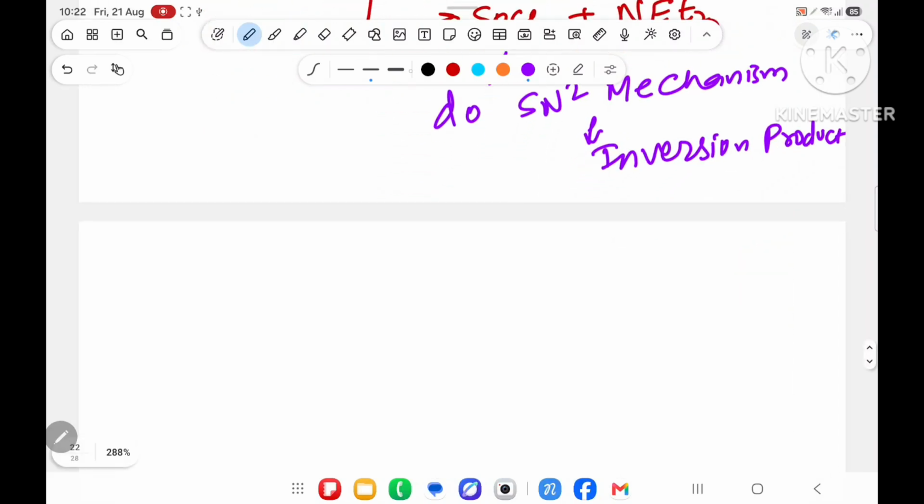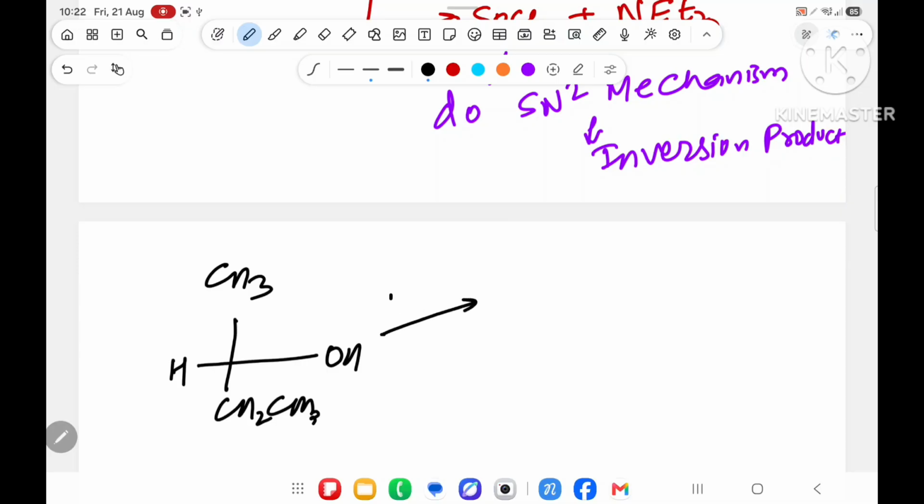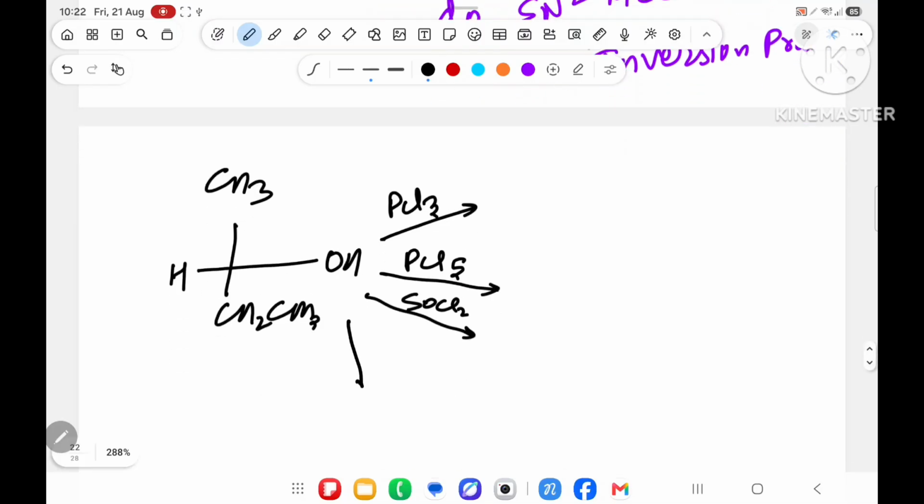Suppose I have written one example over here to make the topic clear. CH3, CH2, CH3 with HOH. I am reacting with PCl3. I am reacting with PCl5. I am reacting with SOCl2. I am reacting with SOCl2 plus pyridine. Now tell me what is the product coming.